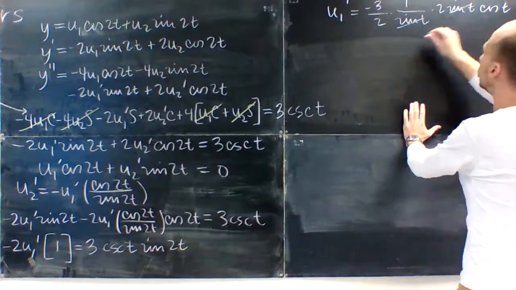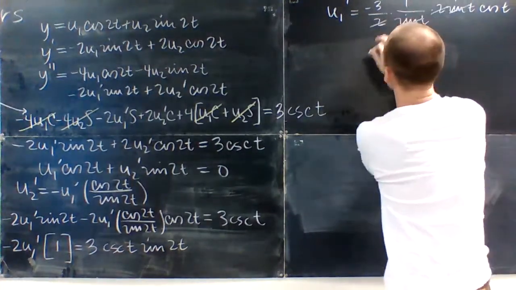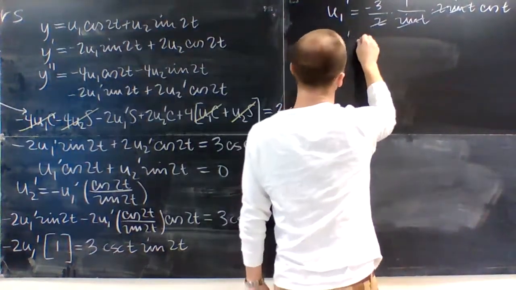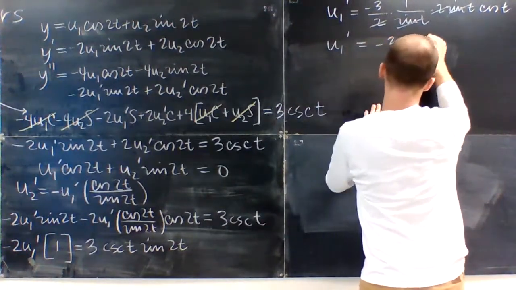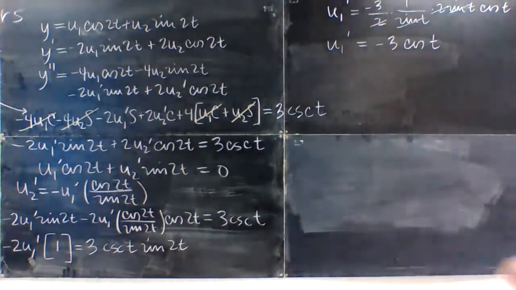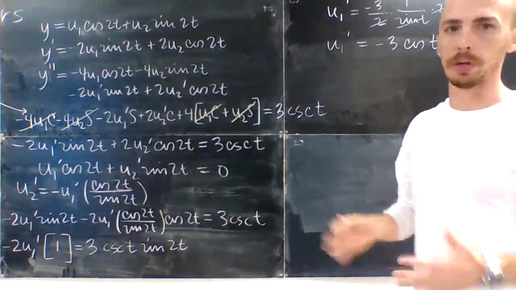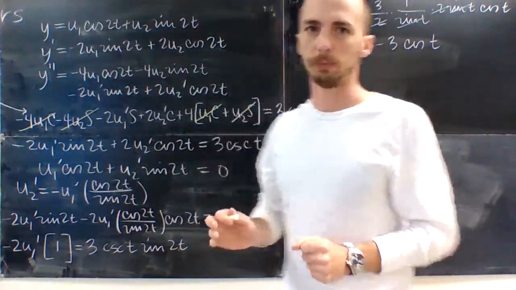So I've basically got that u1 prime is equal to -3 cosine of t. Now, from here, we can definitely say we know what u1 is going to be.